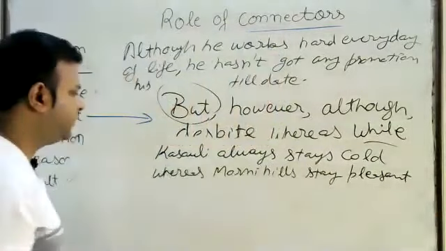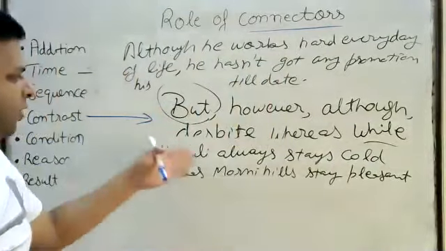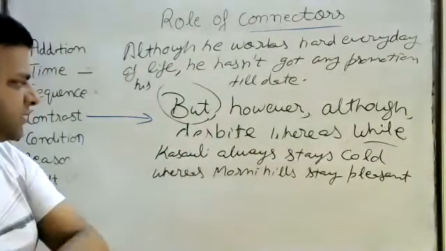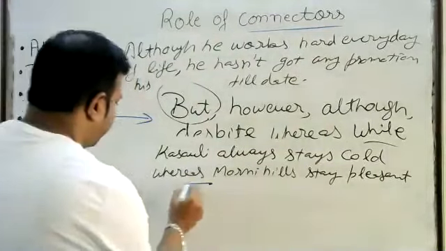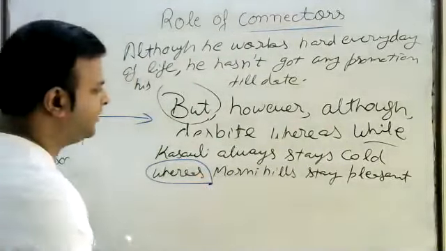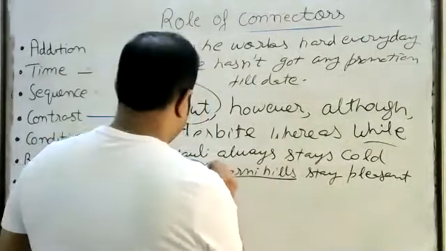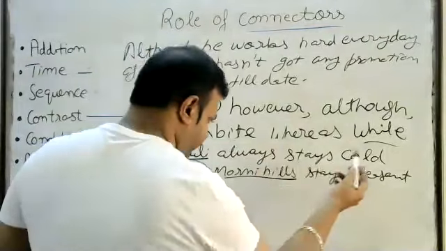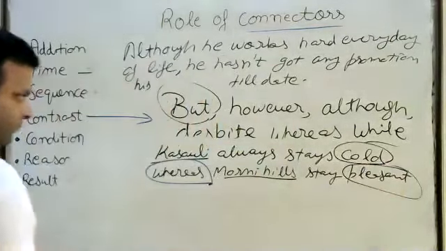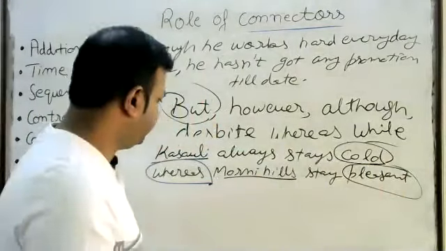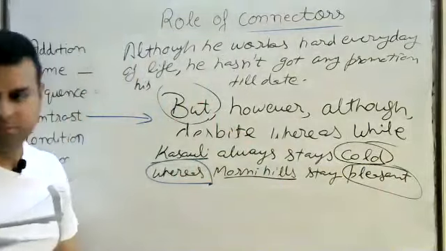So we're talking about the weather. Right? Kasoli always stays cold, whereas Morny Hills stay pleasant. Right? So we used whereas here. You're talking about two things, Morny Hills, Kasoli, but what are we talking about? Weather. Cold, pleasant. Right? So this is how you can use it here.